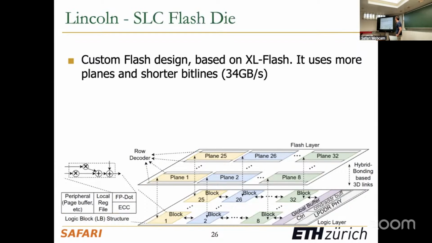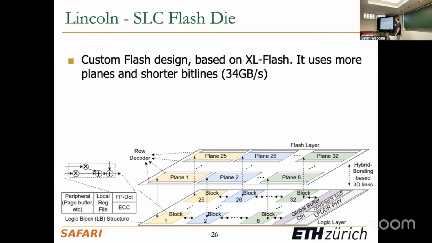First, what does the flash die look like? There is one layer of flash, which is an array, and one layer of logic behind. And we hybrid bond them together, as I explained before. They also shrink the size of the plane to get a shorter bit line and increase the internal bandwidth.